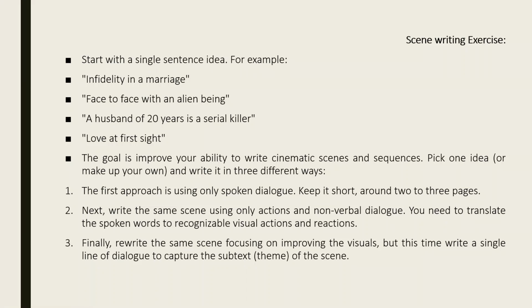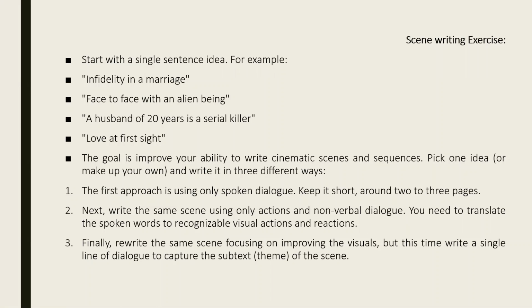These are a few of the cues that are used as single sentence ideas. And then there are those scenes that are developed. The goal is to improve your ability to write cinematic scenes and sequences. Pick one idea or make up your own. These are the examples that are most easily illustrated. That's why I use them.